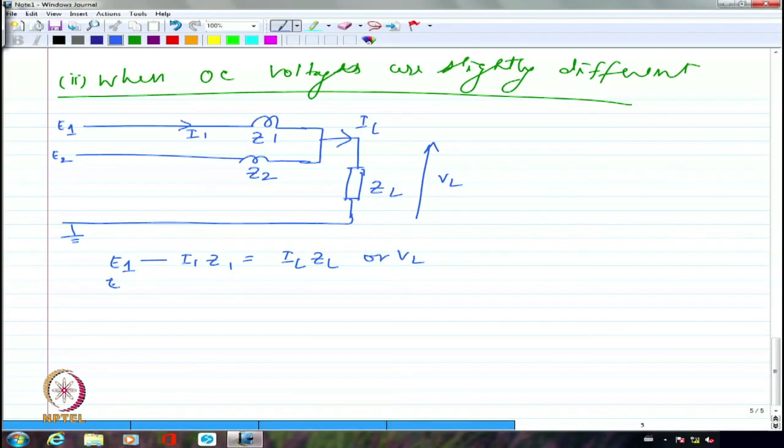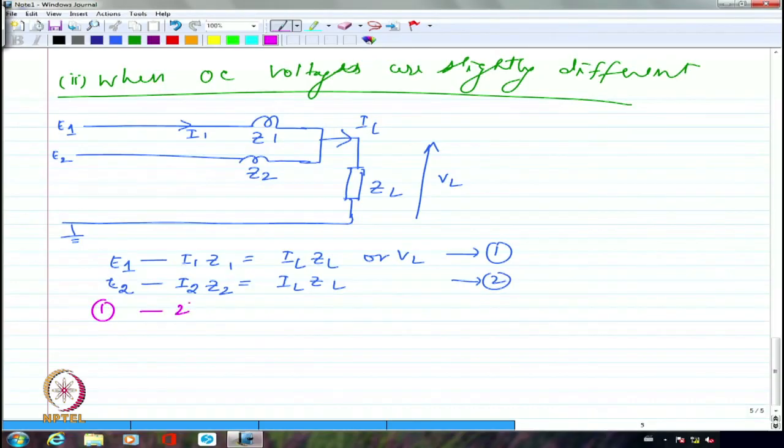Similarly, E2 minus I2 Z2 equal to IL ZL. Right? So, let me call this equation 1, this equation 2. So, let me get what is 1 minus 2. I should be able to write E1 minus E2 equal to I1 Z1 minus I2 Z2. Right?